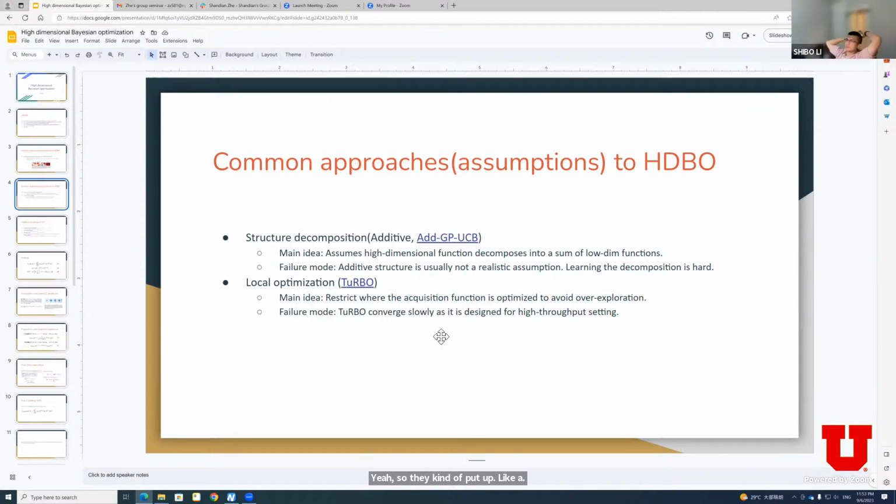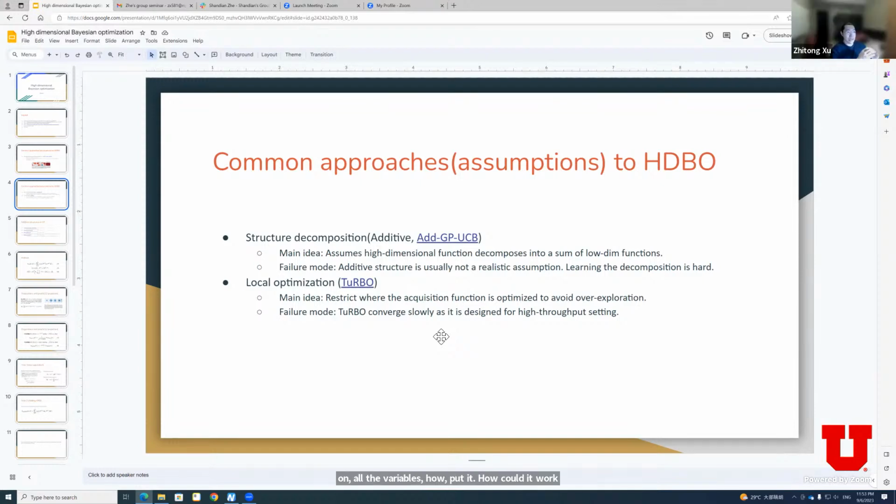It picks all the variables, but in a very small hypercube, or sphere. But how do they construct the GP? The GP is still based on all the variables? Yes.